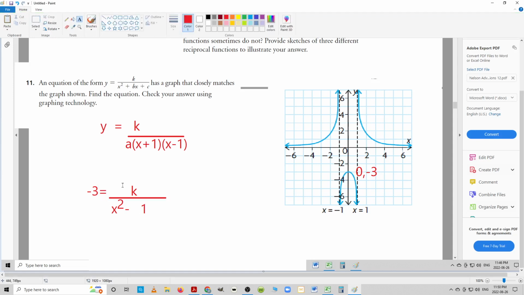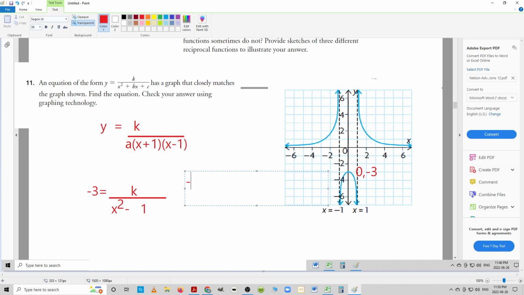Like that. If I multiply both sides by x squared minus 1, I get minus 3x squared minus 3 times x squared minus 1. If I expand that, I get minus 3x squared plus 3 is equal to k. And remember that x is 0 in this case.